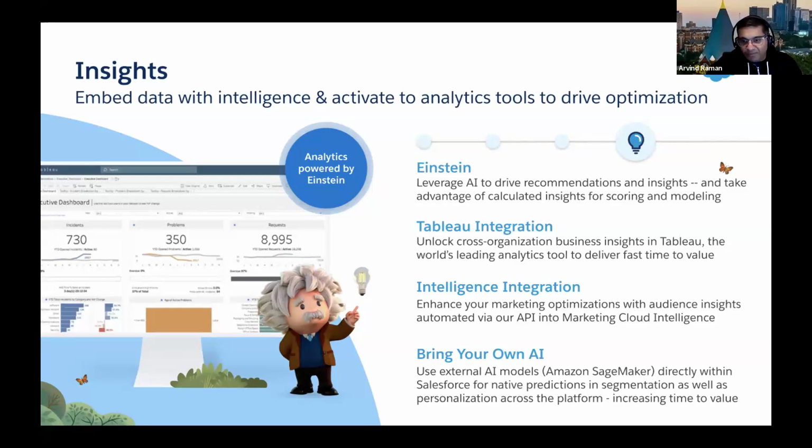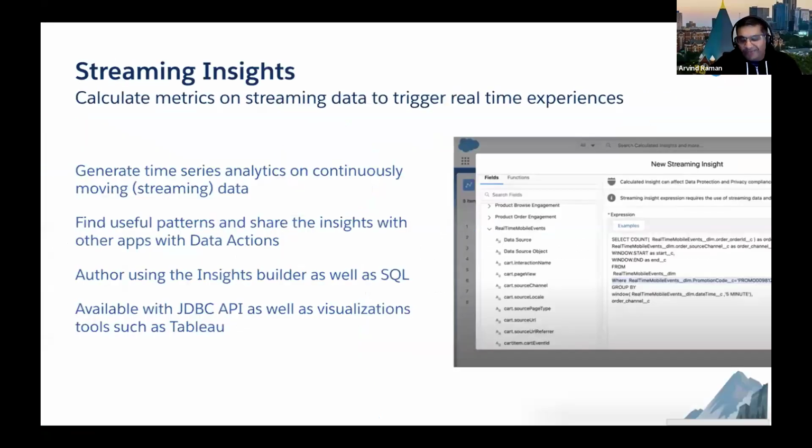We now support that through SageMaker as well as Google Vertex. And then we have other types of insight. We have something called streaming insight. As data is coming in from your website or your mobile data, you can create time series analytics for fast-moving or continuously streaming data to find patterns or to take action on them.